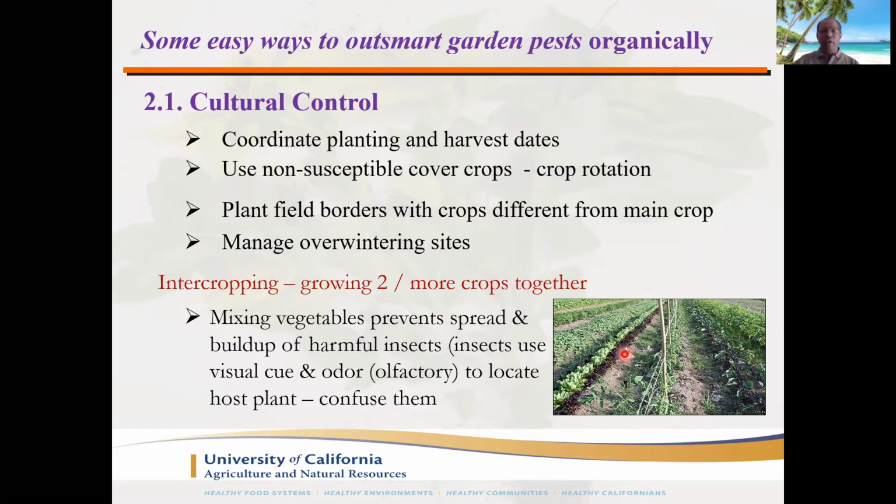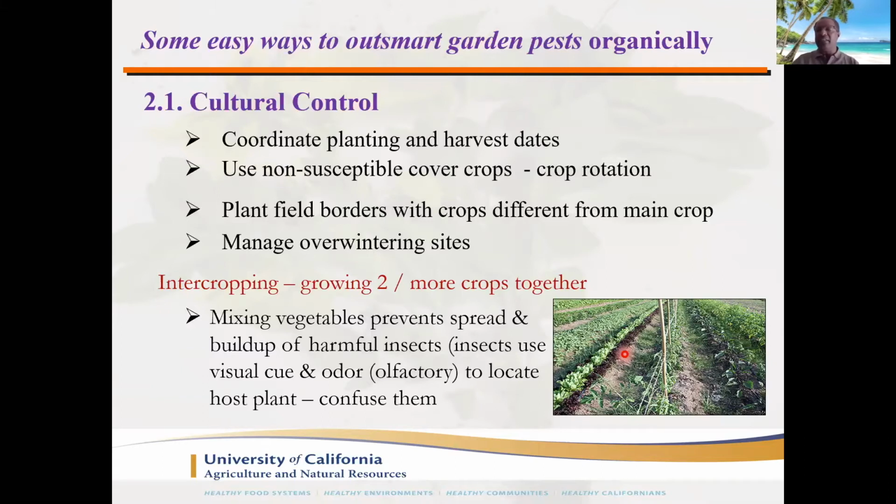They actually avoid the buildup of harmful insects, or sometimes they may have some odor that is not attractive to the insect pests. So because of the sense of olfactory, or sensing odor, they may run away. Some of those could be marigolds, cowpeas, and so on.